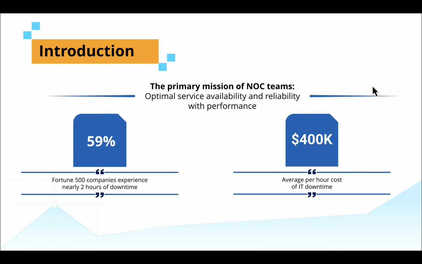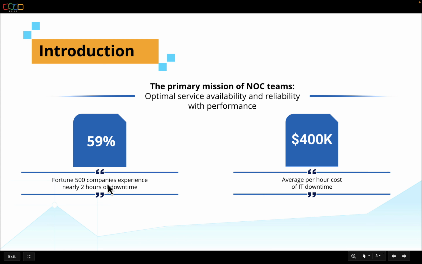Outages are a major headache plaguing NOC teams on a regular basis. They are a constant source of frustration that gnaws away at the productivity, revenue, and reputation of IT teams with ripple effects that permeate every corner of the organization. According to a study conducted by global research firm Dun & Bradstreet, a staggering 59% of Fortune 500 companies grapple with nearly 2 hours of unplanned IT downtime per week.